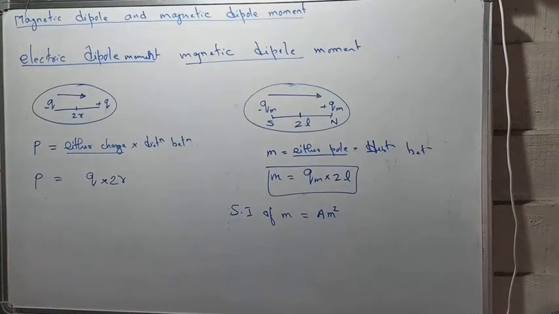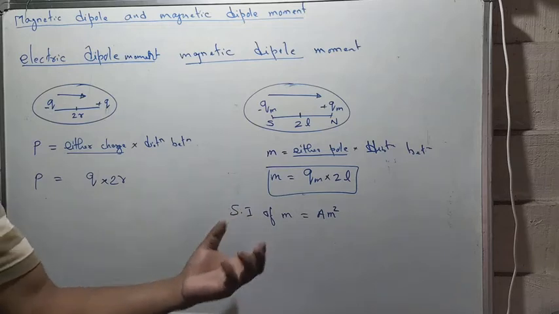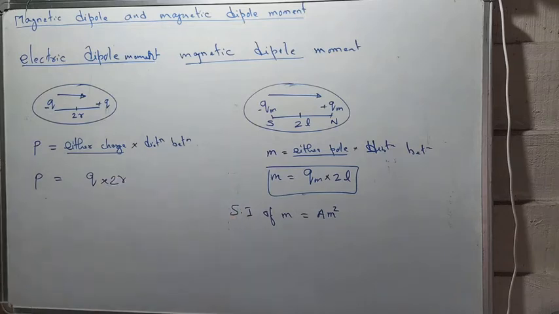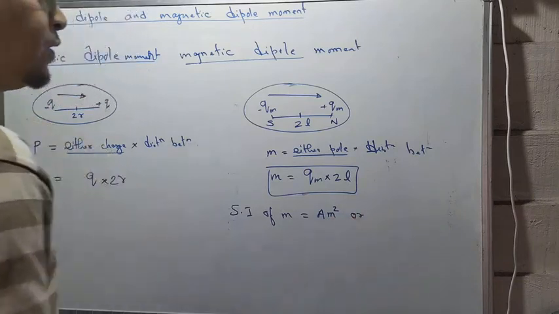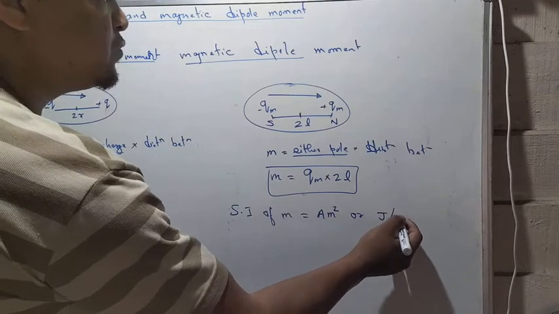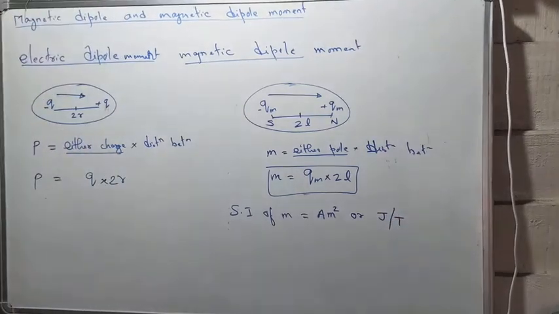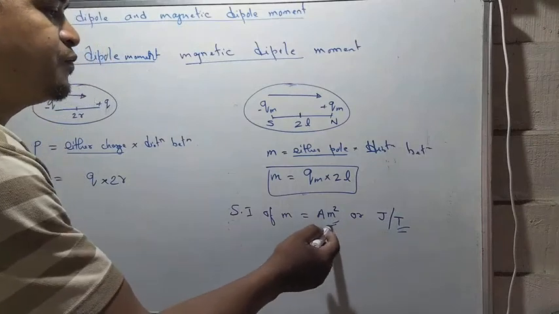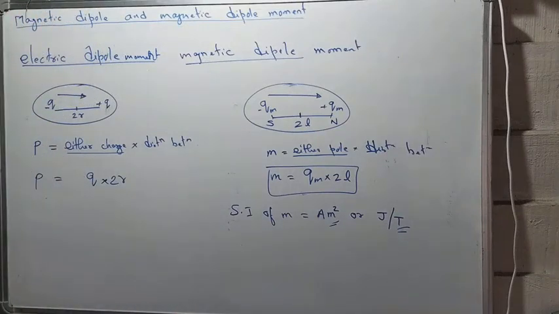This is the SI unit, and we shall see it later in other topics when we talk about the magnetic dipole moment of revolving electrons. Okay, or another unit of this magnetic dipole moment is joule per tesla. So these are the two units of magnetic dipole moment.